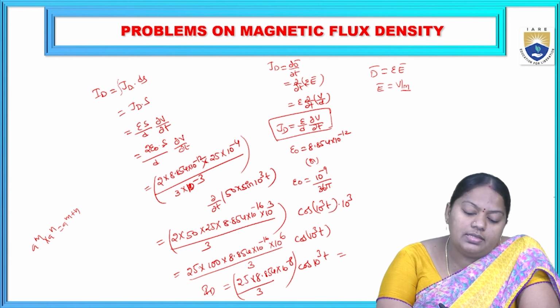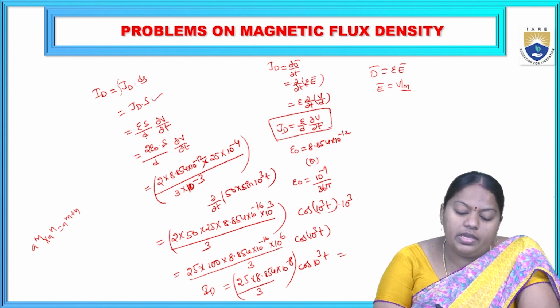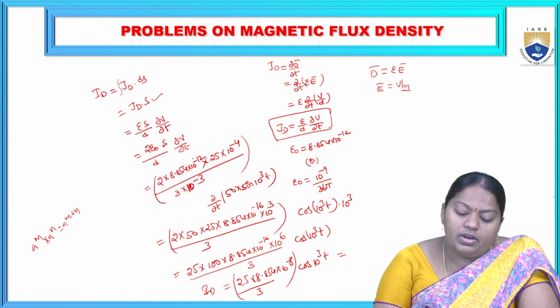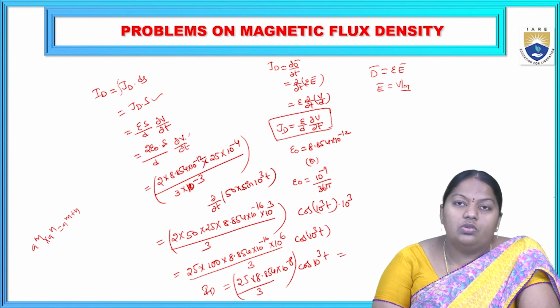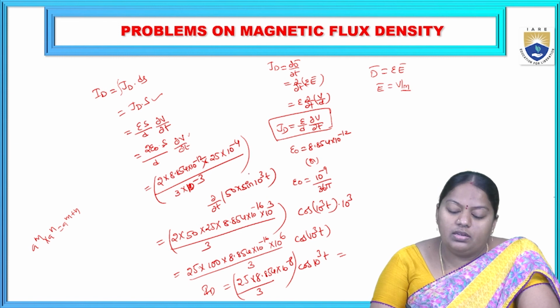So integral s JD dot ds, when we evaluate the total, will be replaced by s, hence epsilon s by d dou V by dou t. Substitute all the given data into the entire equation. V is given as 50 sine 10 cube t, and we differentiate this with respect to t.